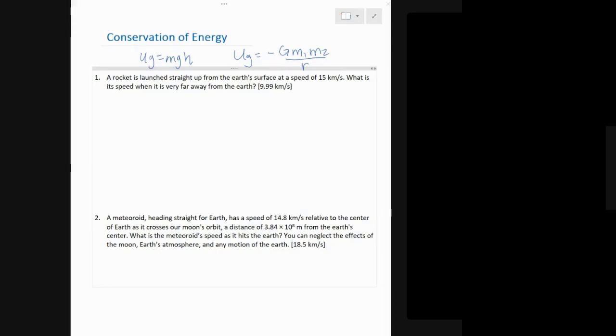So when we do these problems, it's just like saying, a ball is at the bottom of a ramp, and how high up the ramp will it roll before it comes to a stop, or what is its speed when it gets to a certain height. Okay, so we're using conservation of energy. So we're going to say E total initial. It's really the same procedure as we've done before. The only difference is the formula for UG. E total initial equals E total final.